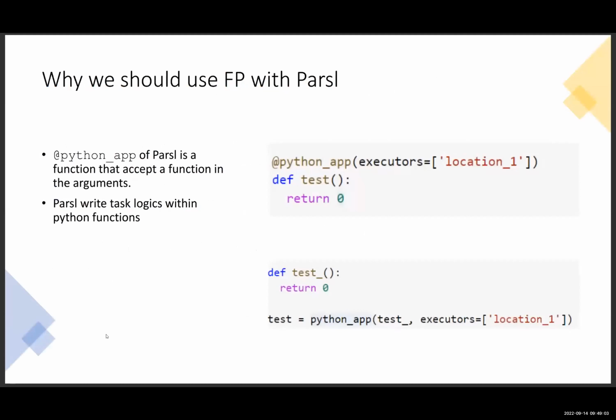Why should we use functional programming with Parsl? Because Parsl uses a higher order function to perform the deployment in remote locations or machines. For example, here are two equivalent syntaxes that use the Python app function, which will take any function and make it distributed.